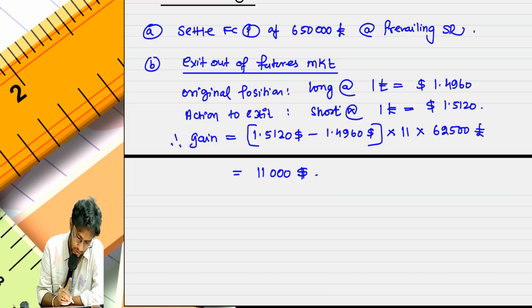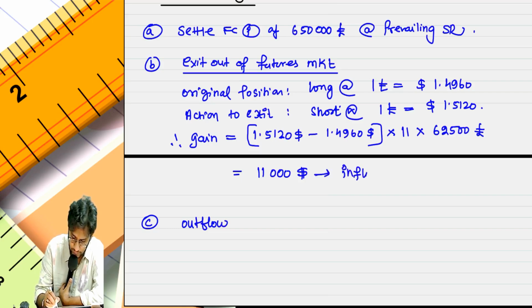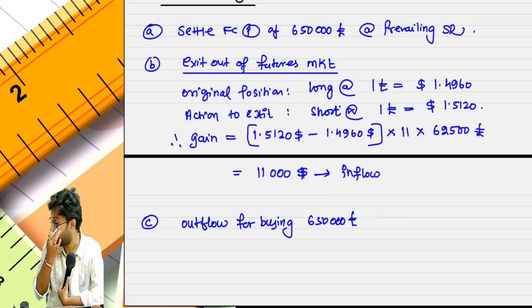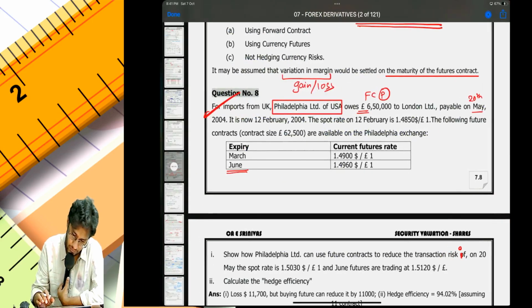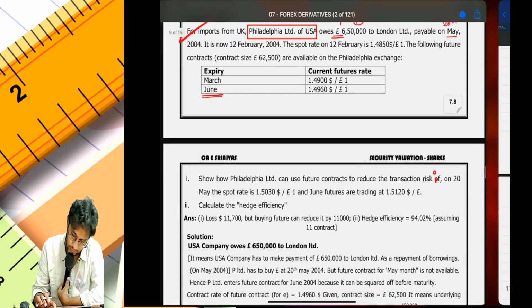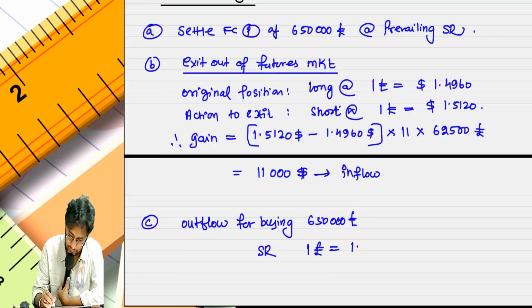Okay, right. What is that? See. Outflow for buying 6,50,000 pounds. What is the spot rate today? 1 pound is equal to $1.5030.